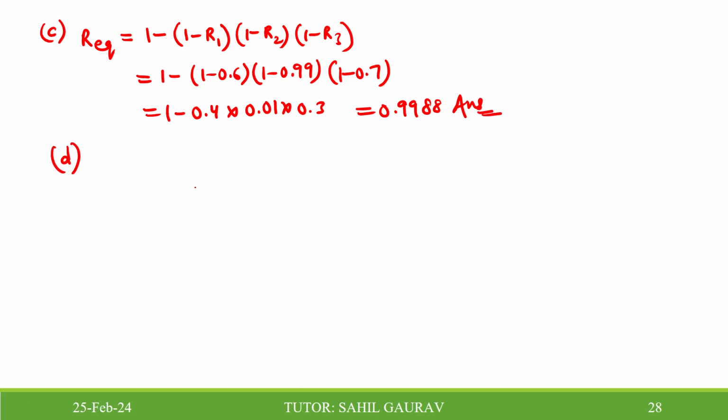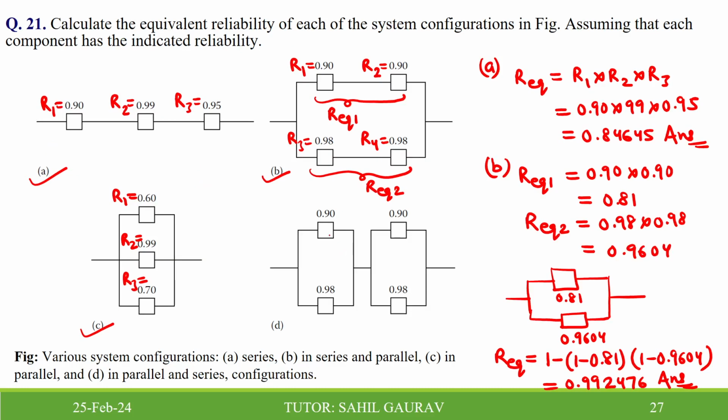Now the last part, D. In this part we first have a parallel combination. First we find the R equivalent of this one, R equivalent 1, and for this other one, R equivalent 2.